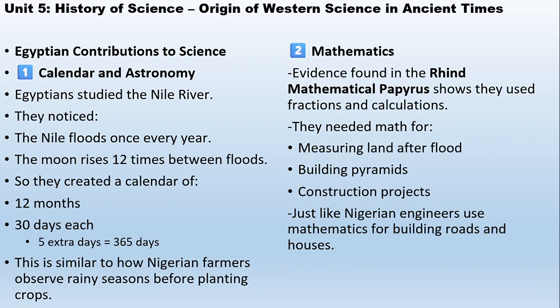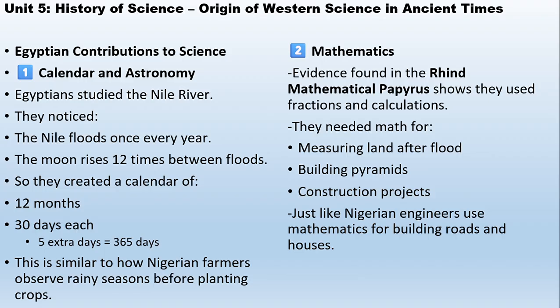So let's move on to the Egyptian contribution to science. That is where Western science started from, which means they were able to start something and, with their own advancement, contribute to science. The first one is calendar and astronomy.